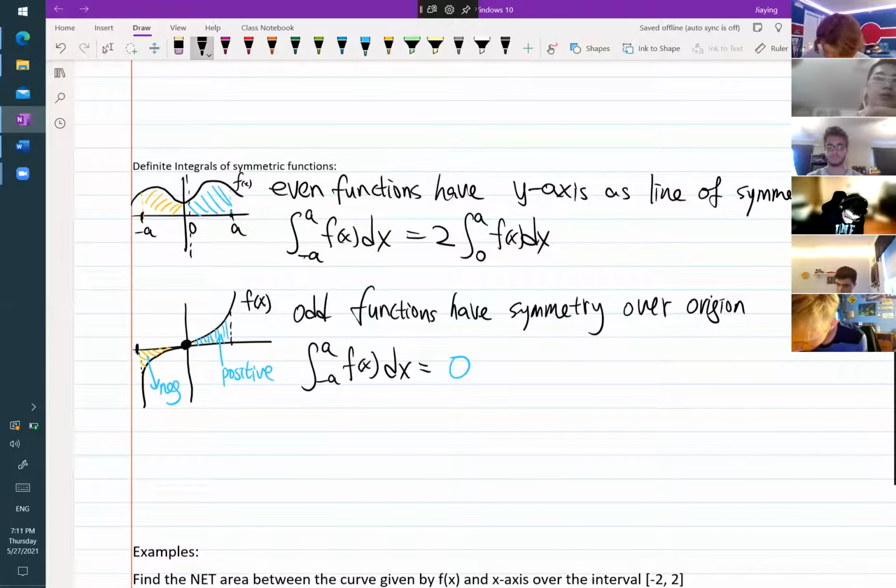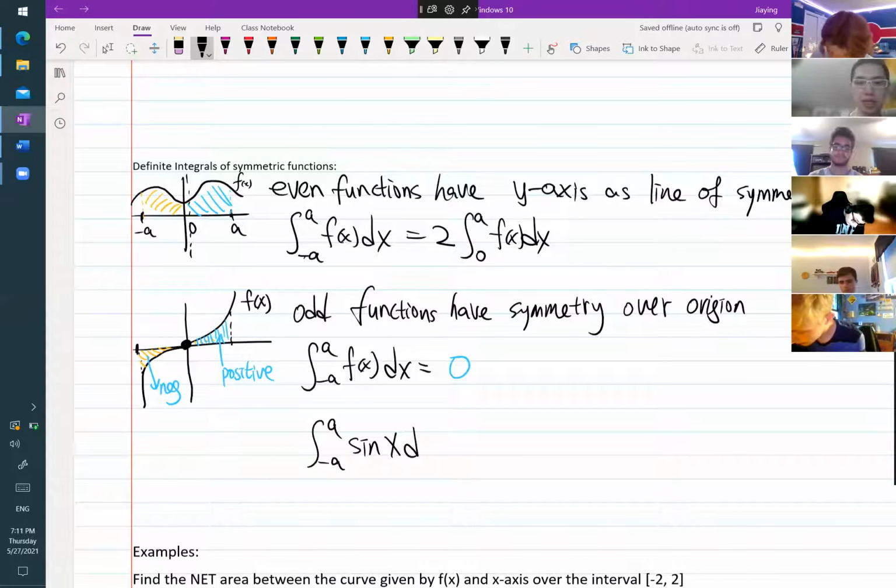This is very useful in differential equations if you're planning on taking it, if you're integrating a sine function. So integrating from negative a to a of sine x dx, you always get a 0. Or integrating from negative infinity to infinity of sine x, again, you get a 0.